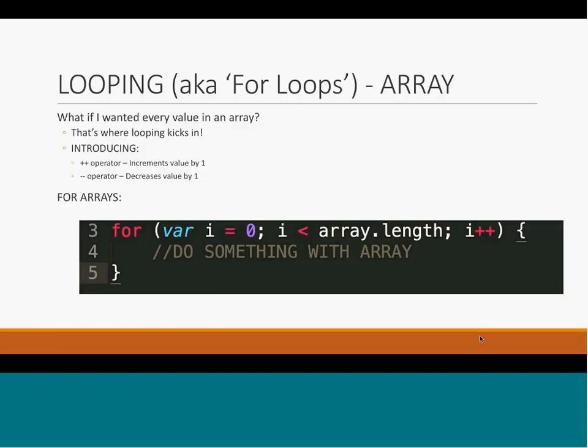Own that. So what I did was pseudo code, and now I'm going to tell you how to do that in JavaScript on both arrays and objects. It is called looping, also known as for loops when it comes to arrays. What if I wanted every value in an array? That's where looping kicks in. To do this, I'm going to introduce two new operators.